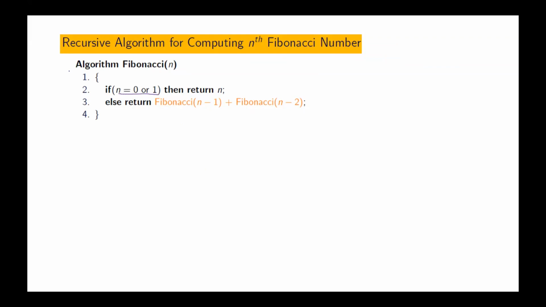So let T of n be the number of times this operation is performed. This I can call a comparison, no? Now what is T of 0?